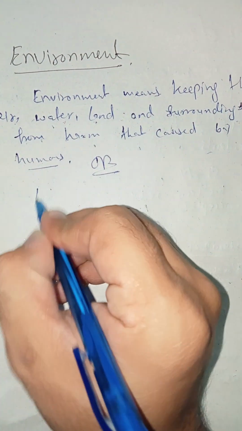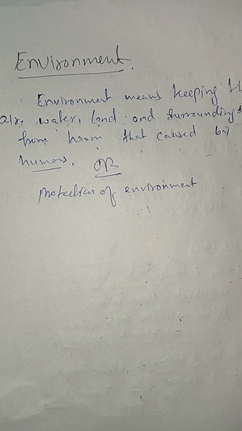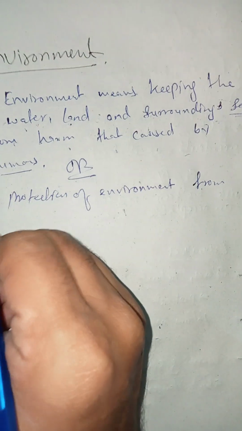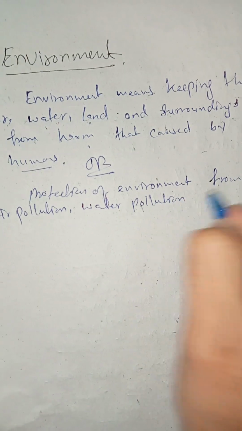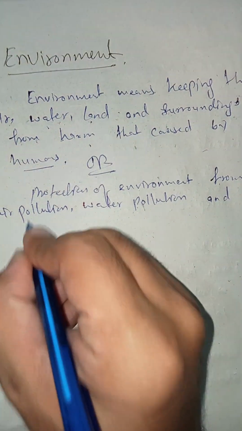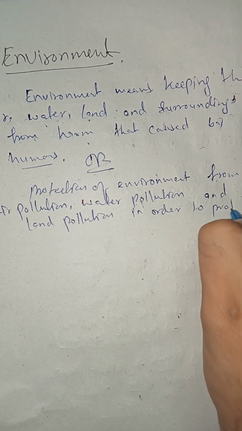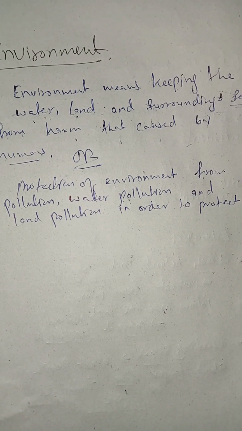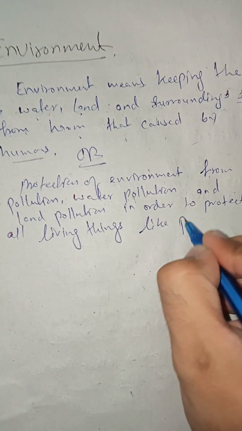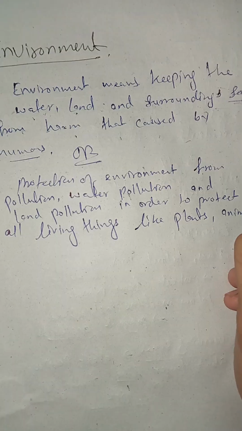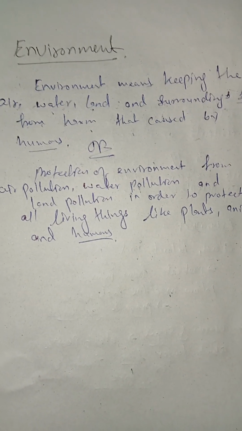Or we can say it's a protection of environment from air pollution, from water pollution, and land pollution in order to protect all living things like plants, animals, and humans. These are the two definitions of the environment.